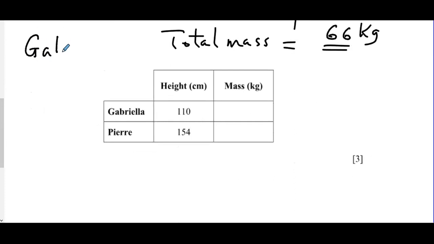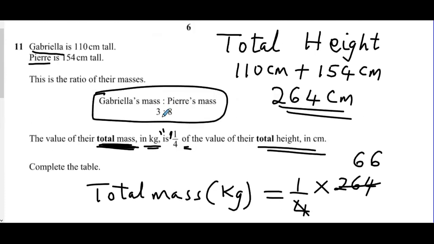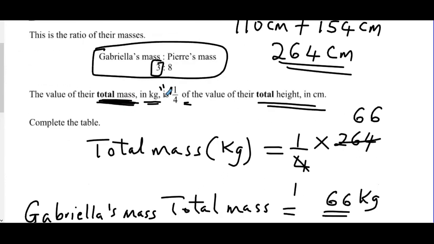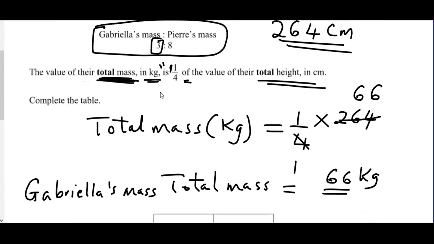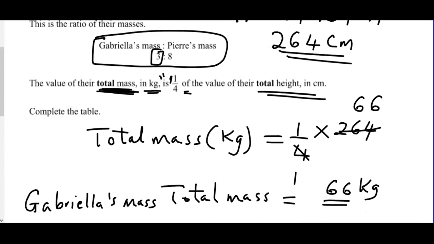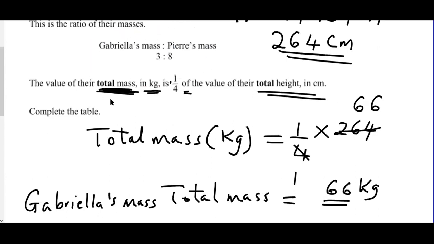To find Gabriela's mass, we look at the ratio, where Gabriela takes 3. So it will be 3 out of 11. How did I get 11? Gabriela in this ratio takes 3, and the total ratio is 3 plus 8, which is 11.